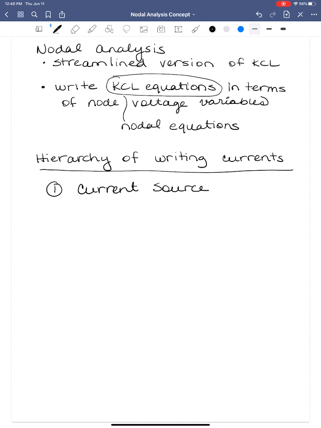Second, if it's not a current source, is there a resistor? Because if it is, we know that I is equal to the voltage across that resistor divided by the resistance itself. So it's very easy to find the current through a resistor.